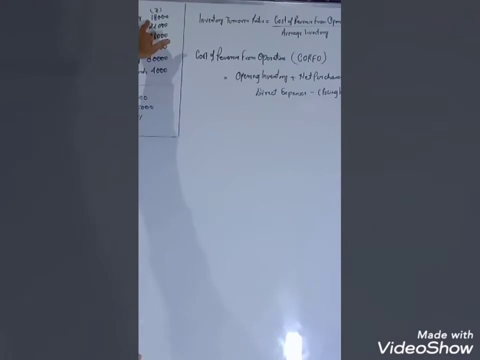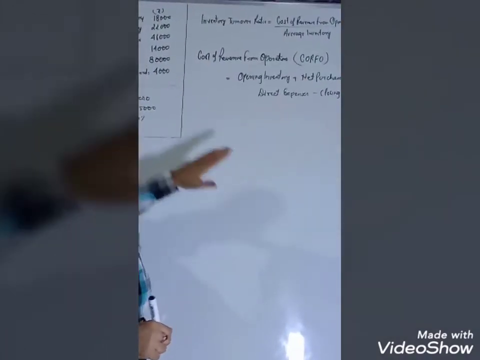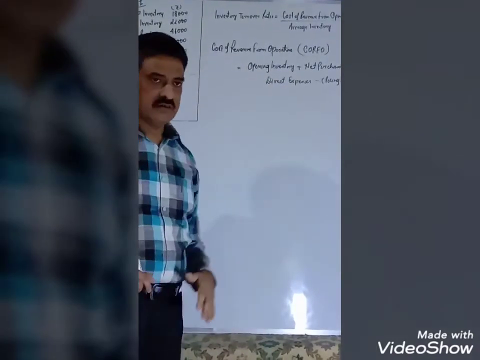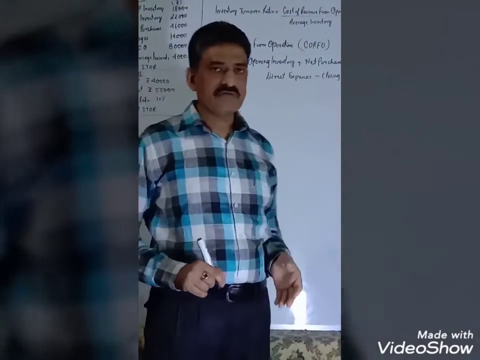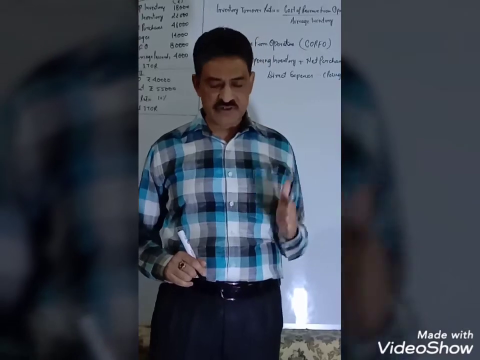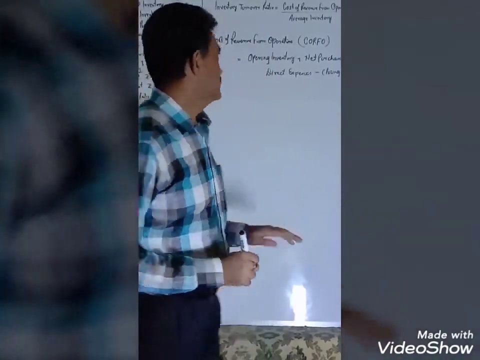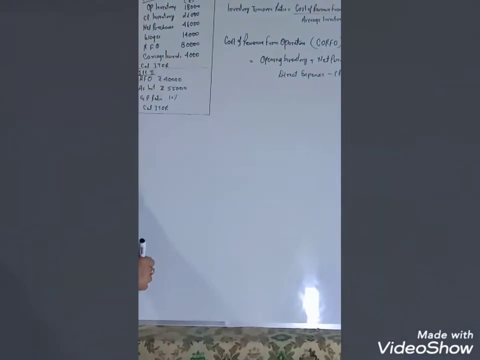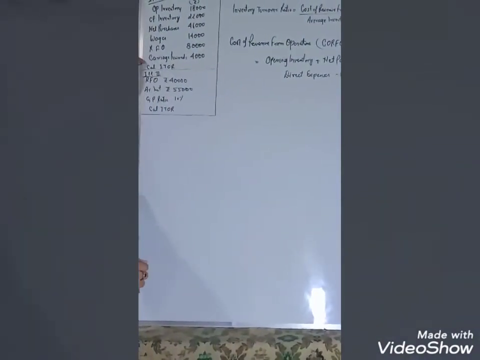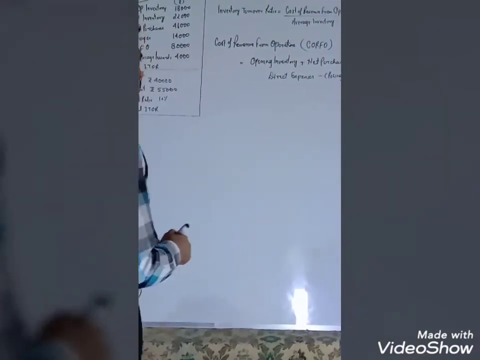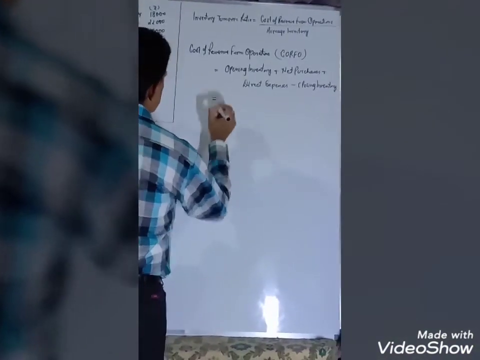Opening inventory we have got here rupees 18,000. Net purchases are given rupees 46,000. Direct expenses, you are very well aware of the direct expenses. In class 11th we discussed direct expenses and indirect expenses. So direct expenses include wages and carriage inwards here. And after that closing inventory. We have to put the values now.